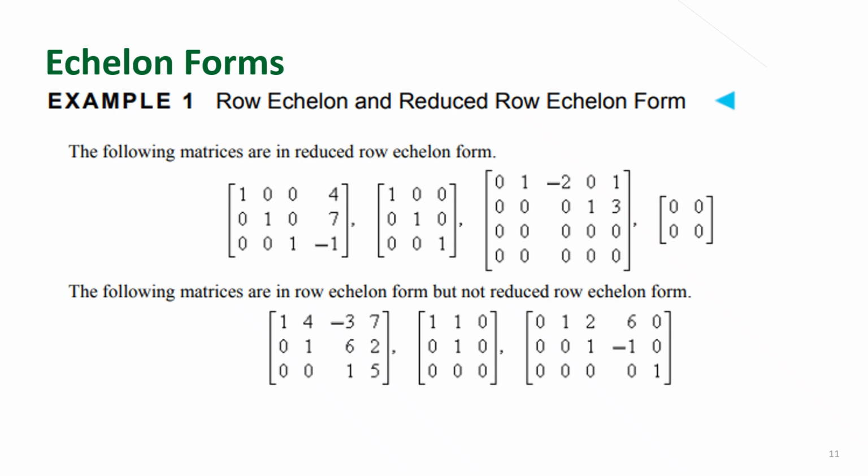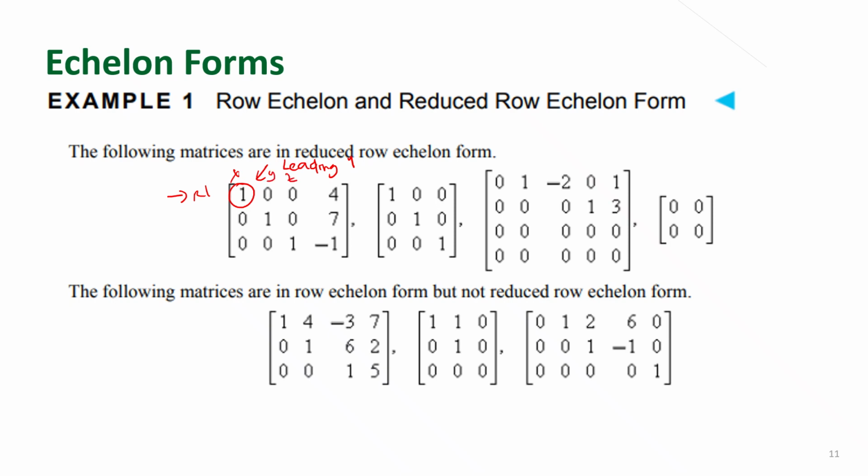Basically, first, for both, you need to identify this. This is called the leading one. It means the first value of each row, the value of the variable that equals 1.